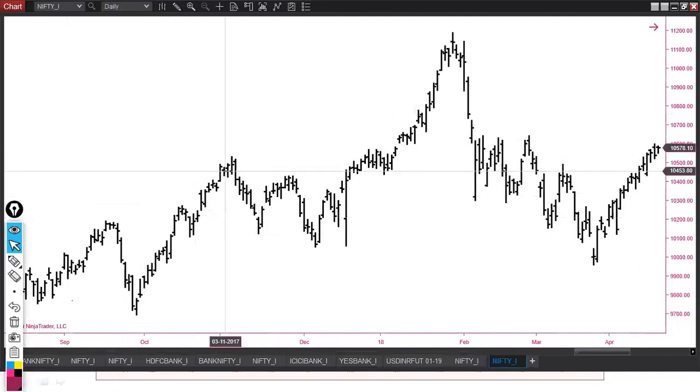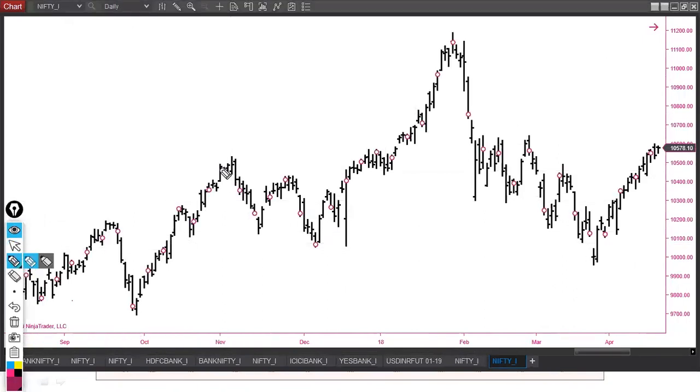I think 6th of November is where the 4-day balance happened. Price opens inside the range. It took the 4-day low, and on that particular day it closed below the 4-day low.